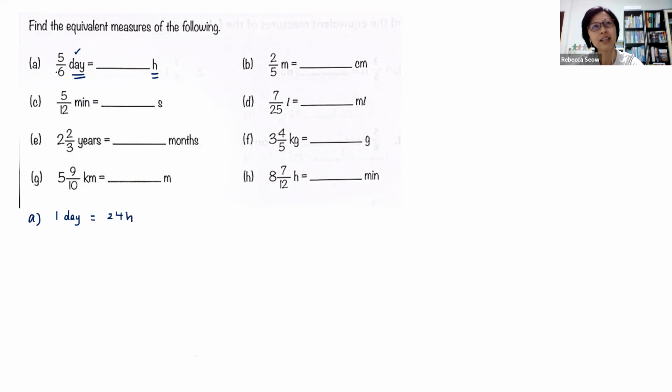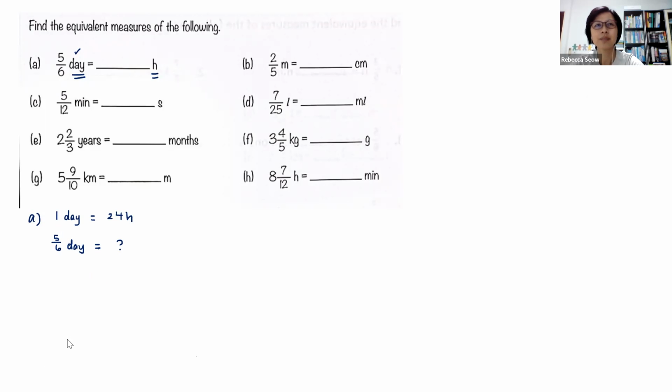Instead of 1 day, now I'm going to replace the 1 by 5 out of 6 days. Now, how would I find the number of hours given 5 out of 6 days?